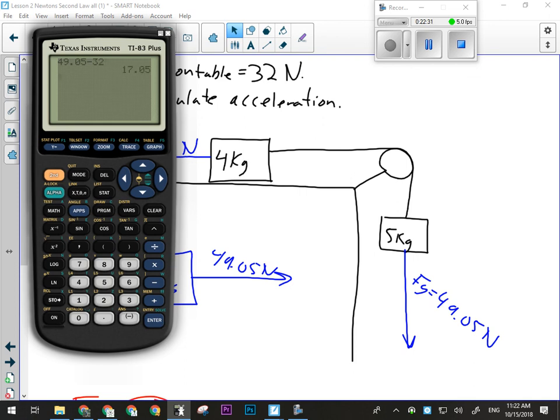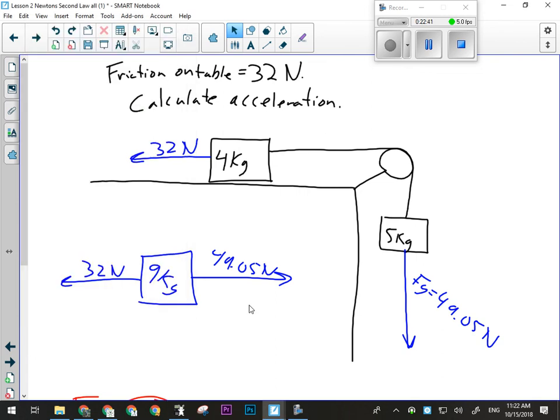So my net force is 17.05 newtons. That is acting on, as we said, 9 kilograms worth of mass. So the acceleration of this system is 1.9 meters per second squared. I can give no more than that in terms of information because that's the acceleration of the system.